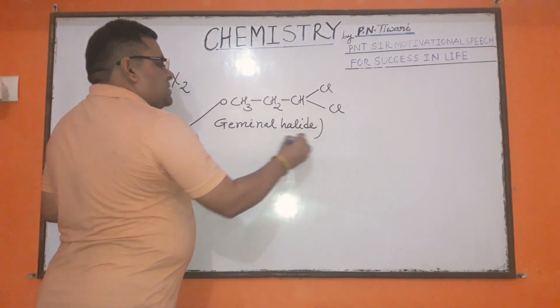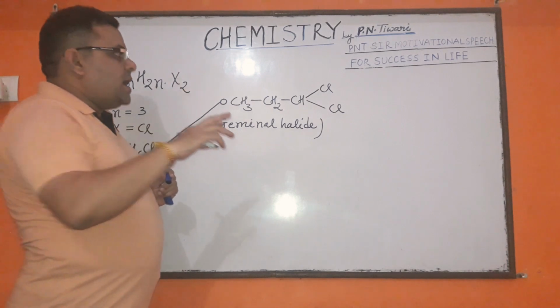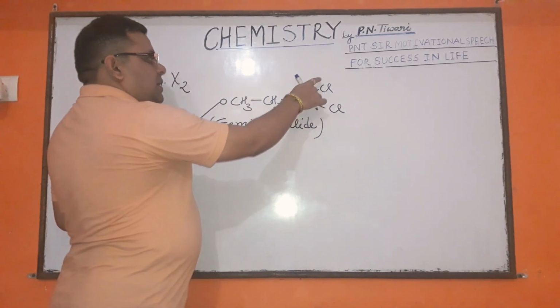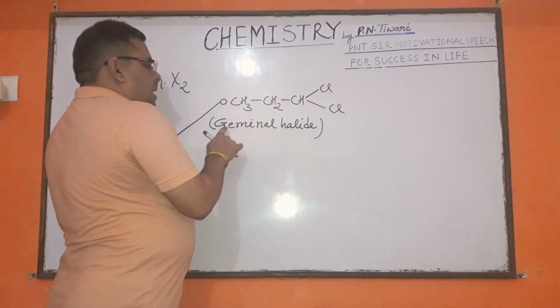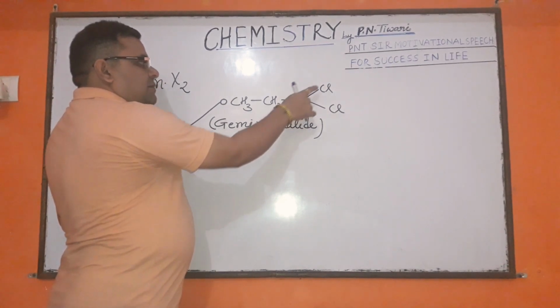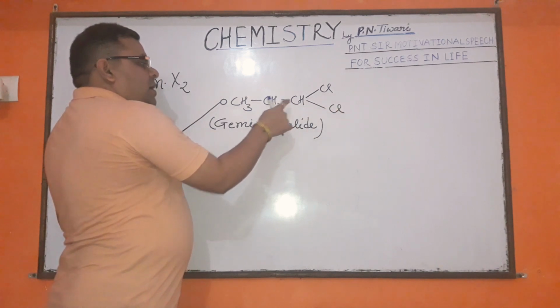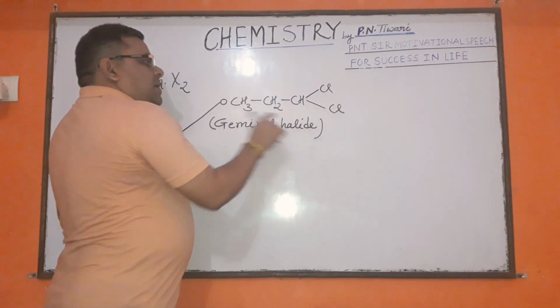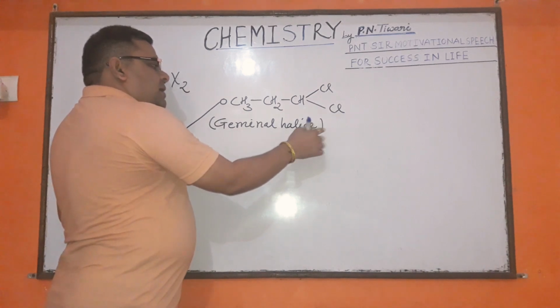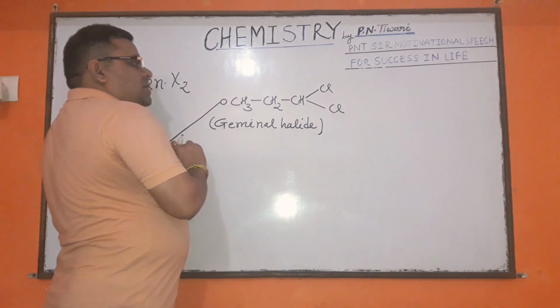So how can we define geminal halide? Those dihalogen derivative in which both the halogen elements are connected with the same carbon element are called geminal halide. For example, in this dihalogen derivative, since both the chlorine atoms are connected with the same carbon atom, therefore it is called geminal halide. And how can we write common name of such kind of dihalogen derivative?